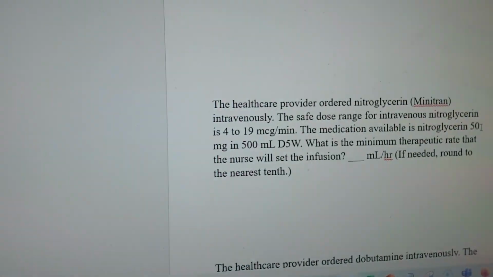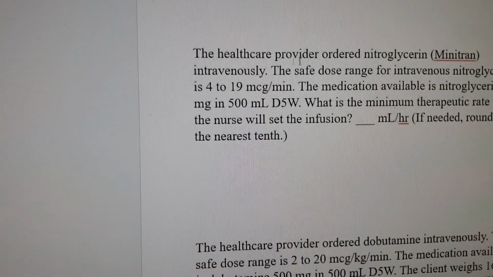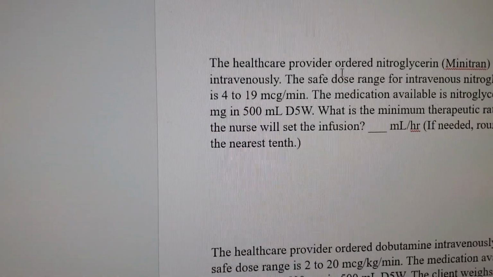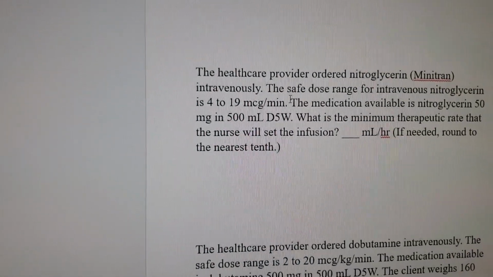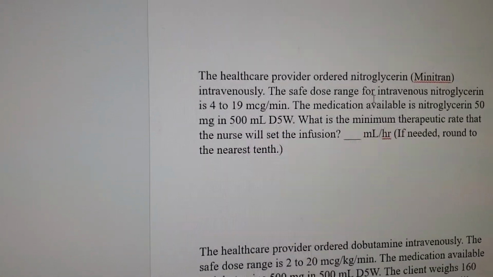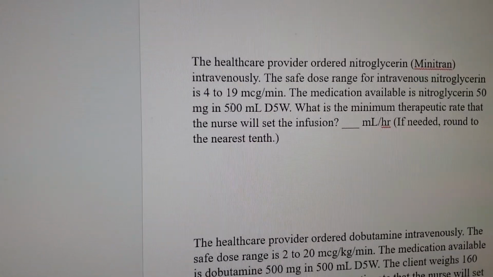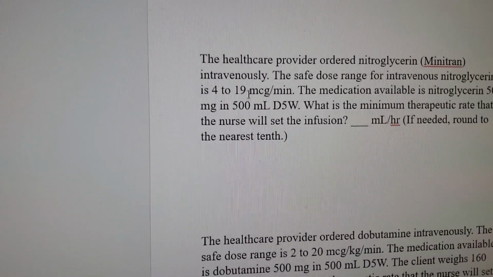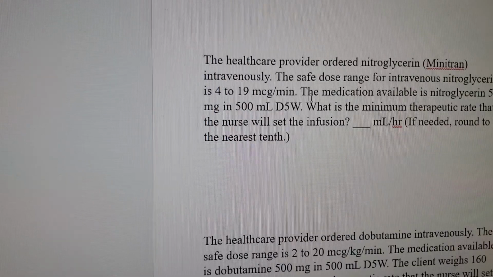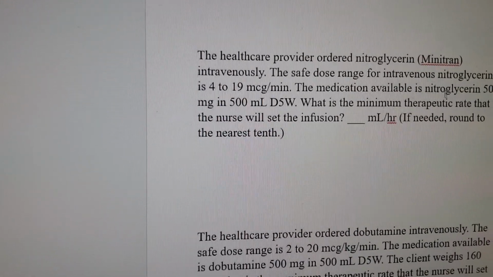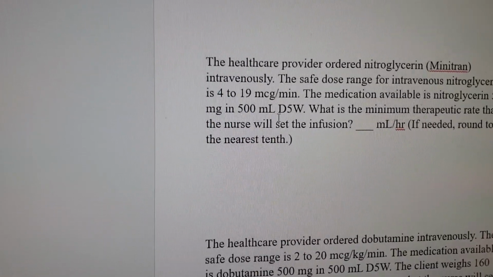All right. Let's come to this one here. It says the healthcare provider ordered nitroglycerin intravenously. The safe dose range for intravenous nitroglycerin is 4 to 19 microgram per minute. The medication available is nitroglycerin 50 milligram in 500.